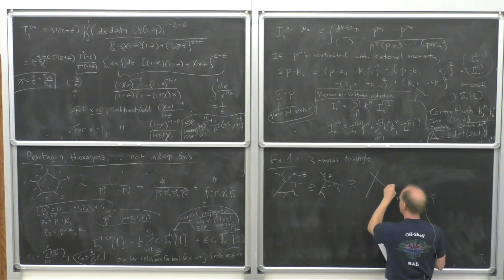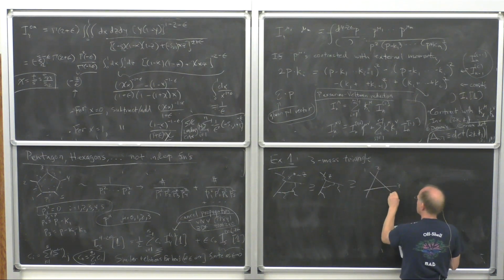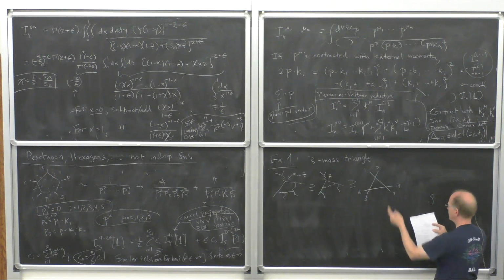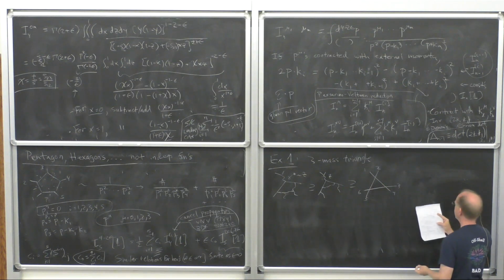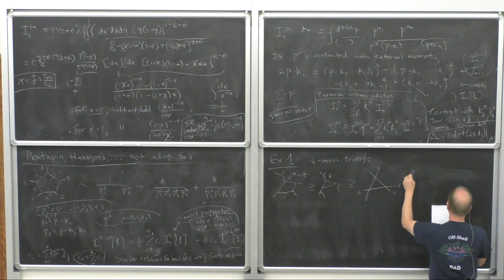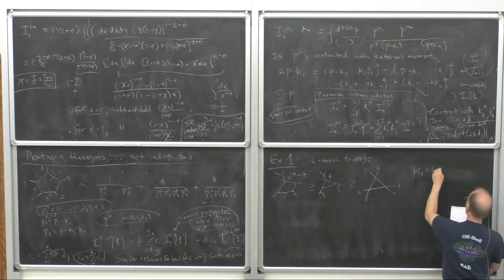So you'll have these 3-mass triangle integrals, which if you had some massless legs on the outside would look something like this. So then the external momentum, maybe I should call it capital K1, is k1 plus k2.